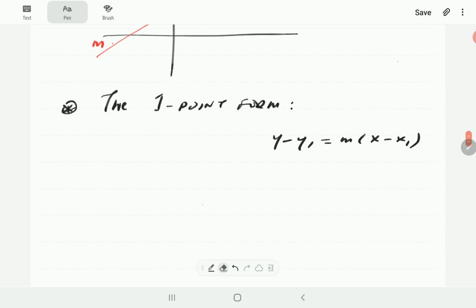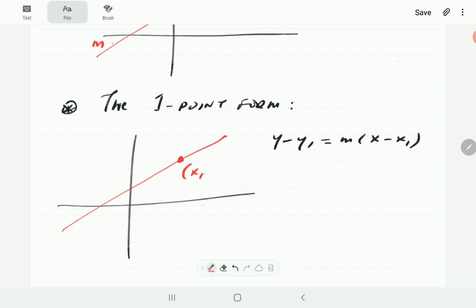So this is the equation of a straight line. Again, its gradient is m, but this time we know just one point through which it goes, and that point is x1, y1. So the gradient is still m.